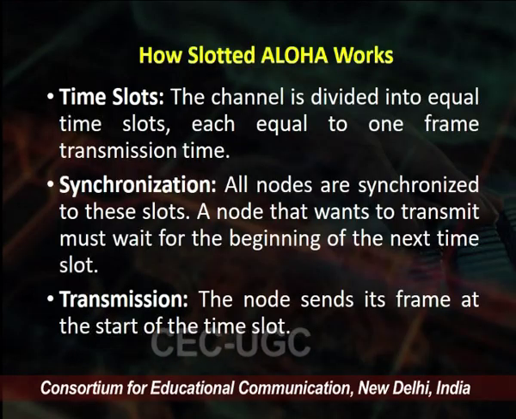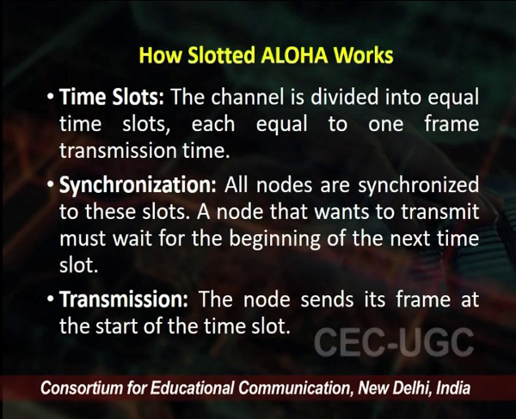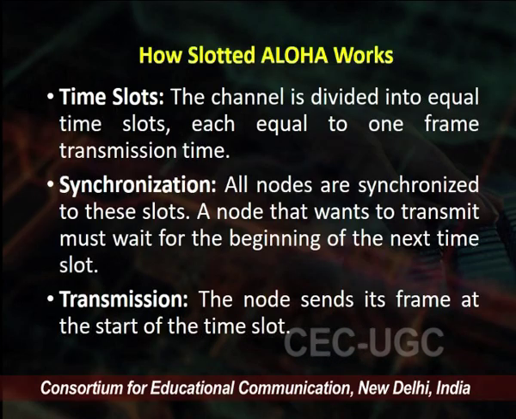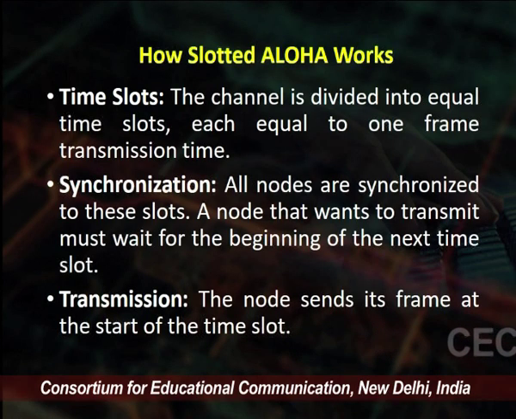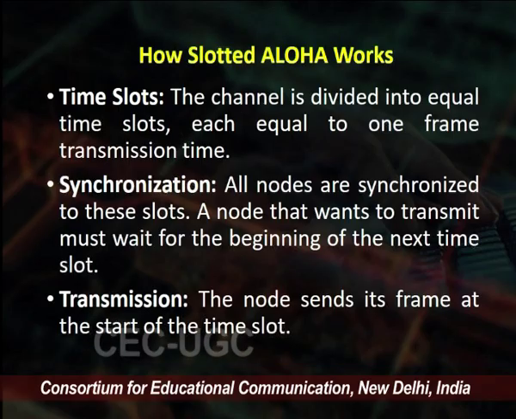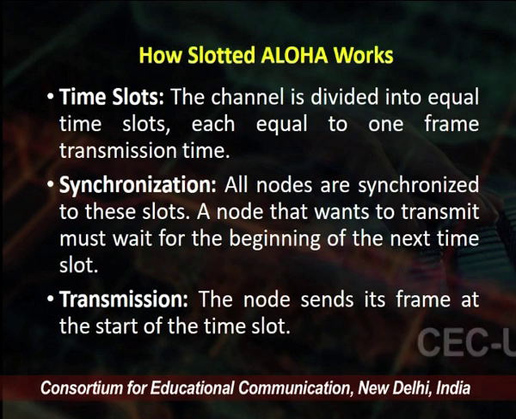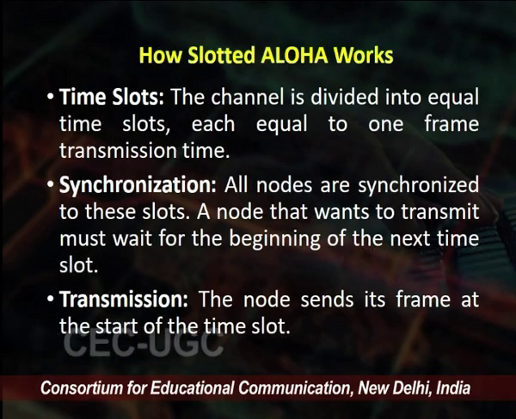What is the key mechanism? The time slot is one of the important characteristics of slotted ALOHA. Then there is synchronization, as in all the nodes are synchronized to these slots. With this synchronization we need to be careful that clock synchronization is an extra thing which is required in slotted ALOHA, and which was obviously not required in pure ALOHA.